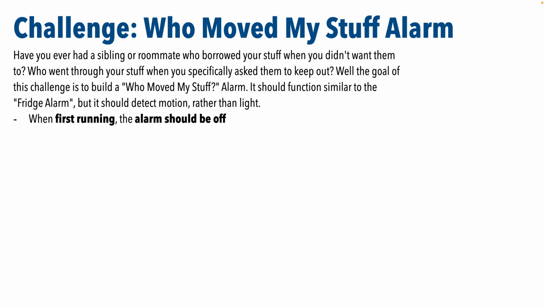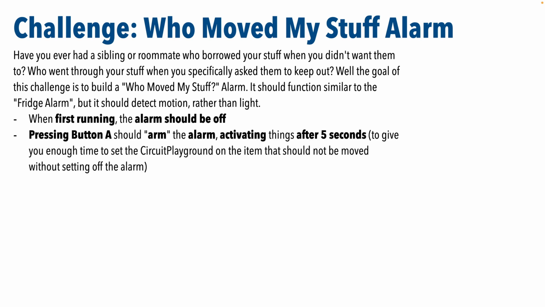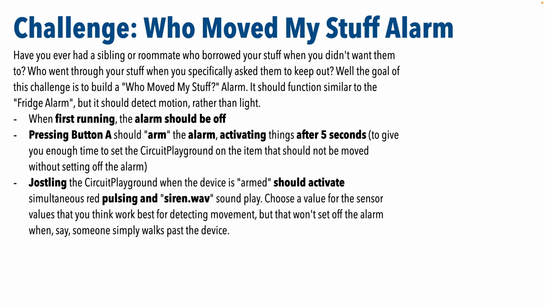Pressing button A should arm the alarm, activating things after 5 seconds to give you enough time to set the Circuit Playground on the item that should not be moved without setting off the alarm. Jostling the Circuit Playground when the device is armed should activate simultaneous red pulsing and siren wave sound play. Choose a value for the sensor that you think would be best for detecting movement, but that won't set off the alarm when, say, somebody simply walks past the device.